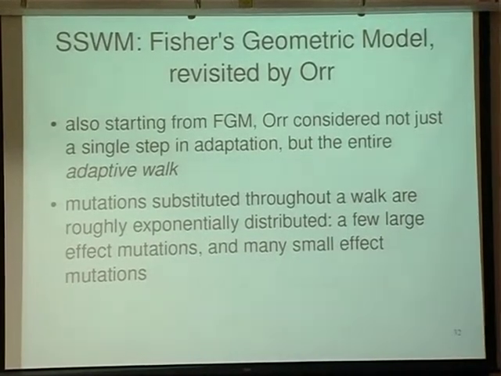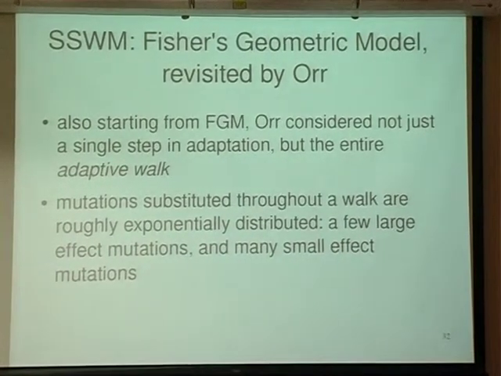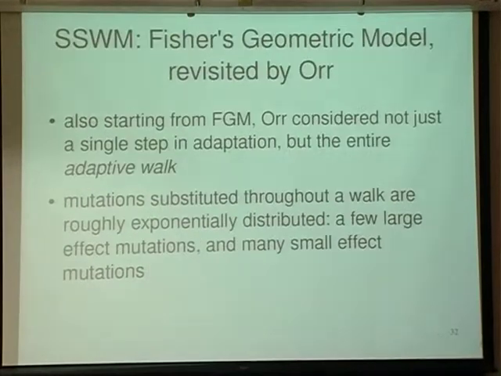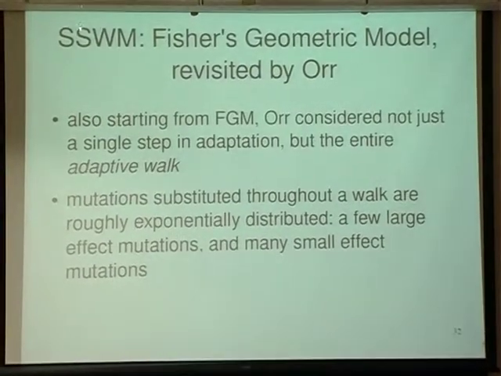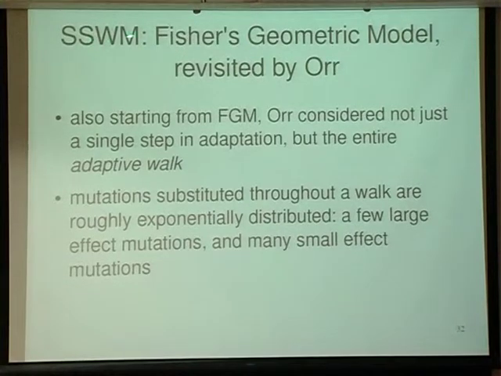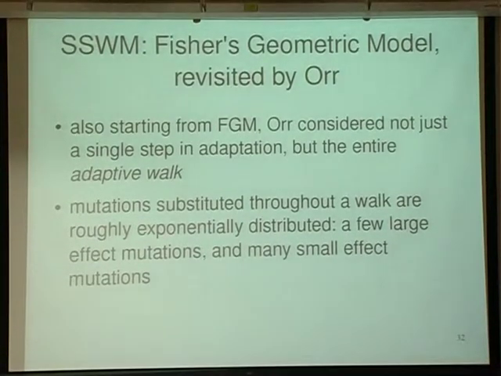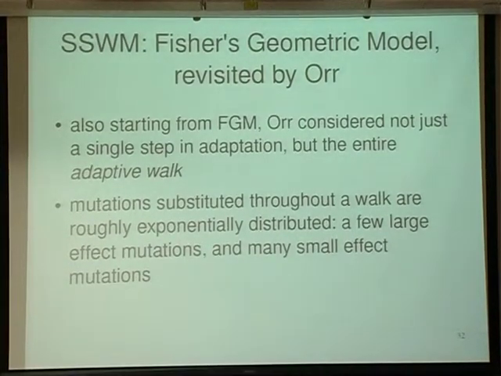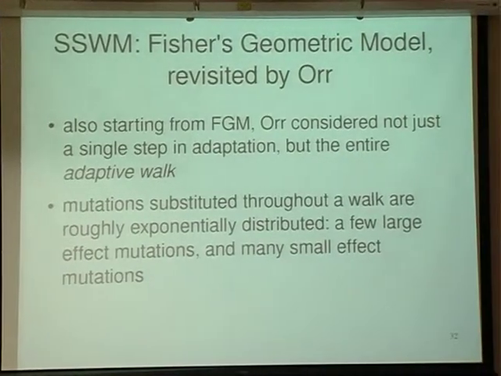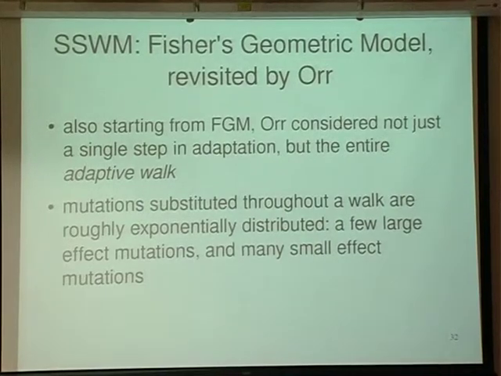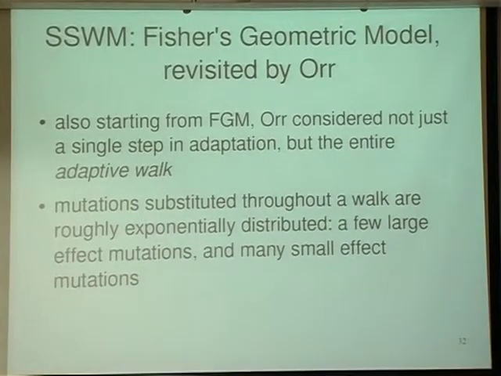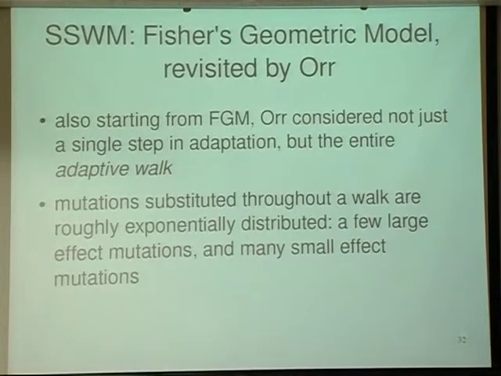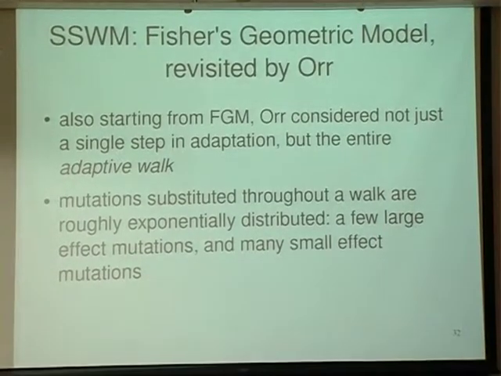Okay, and as I said, Orr did some work as well on these adaptive walks and the sweep dynamics. He looked at the whole adaptive walk and at the substitutions that are made through the walk, and in particular their size.